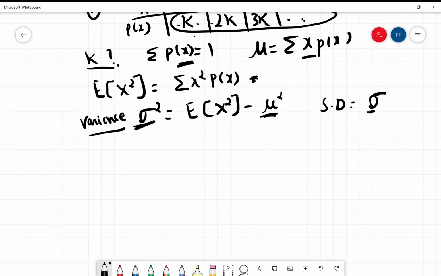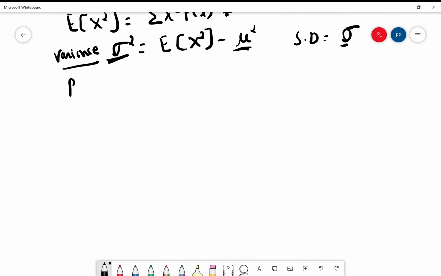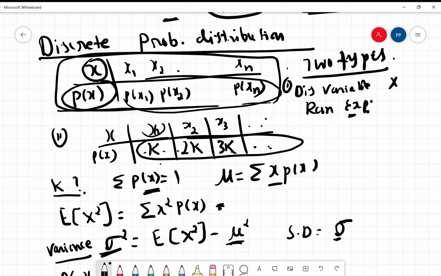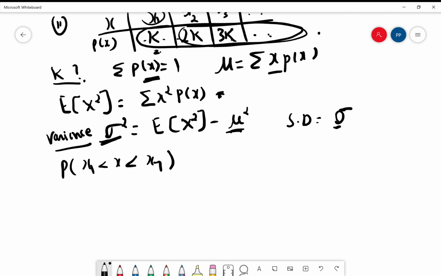And you may also be asked to find certain probability values over an interval like p of x1 less than x less than x7. Then take all the probability values from p of x1 to p of x7, excluding them, that is, the values in between. Okay, if this is included, then you have to consider p of x1 also.